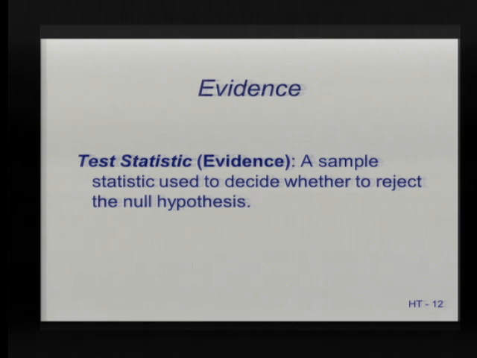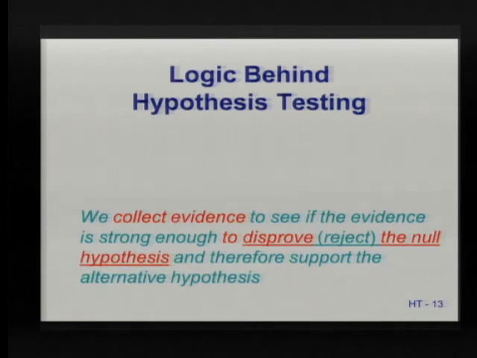Since we're estimating or testing a proportion, you're interested in the sample proportion. Okay, so when your data come in, your data will be categorical, yes or no, in favor or not in favor. And from there, you'll be able to get the sample proportion, which is your evidence.